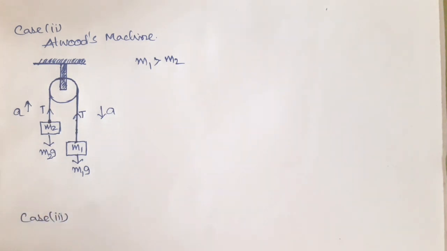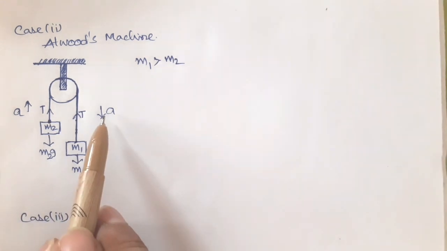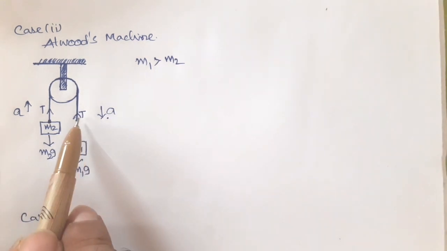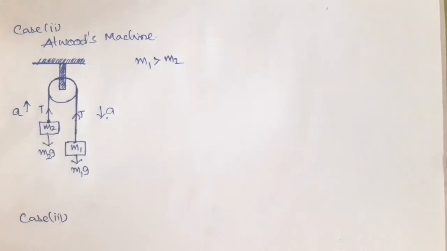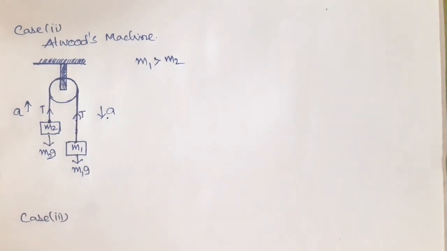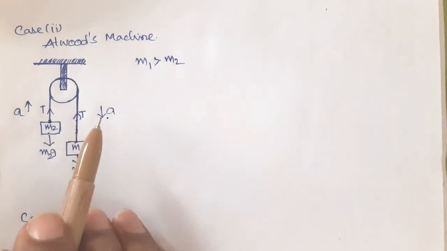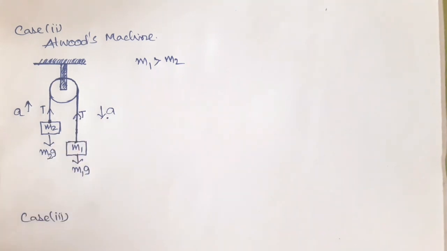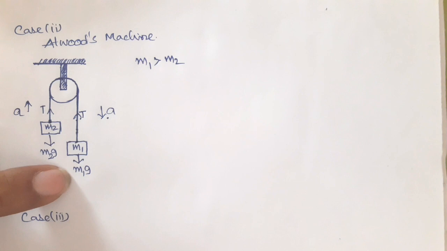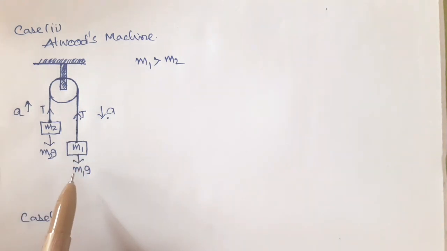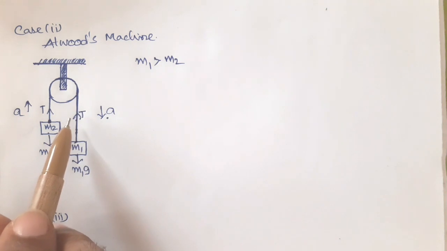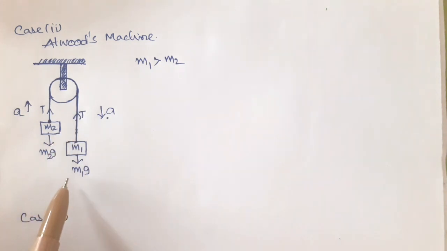Here again you have to calculate the acceleration as well as the tension. Now, how can we calculate this acceleration? To calculate acceleration and tension, I consider that this body moves in the downward direction. When it moves in the downward direction, we can say the tension is smaller than this weight.